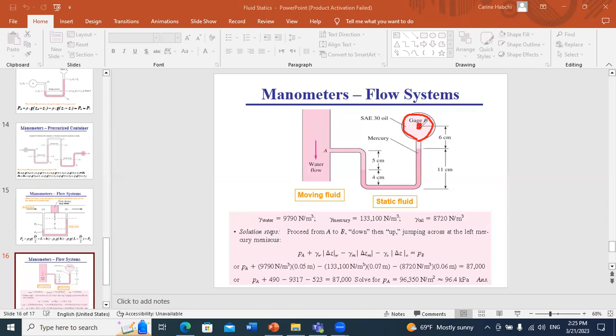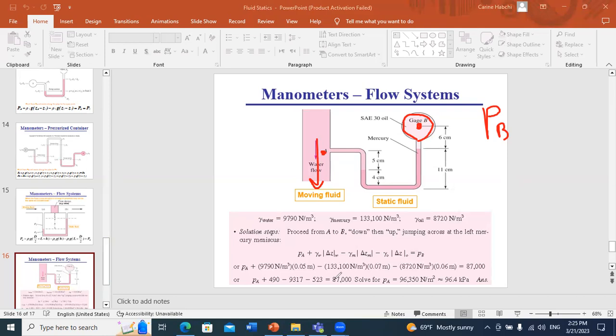This is why we say that we know PB, and it's given, because you are able to control the pressure here of oil. The oil is not moving here. You can consider that you have oil at rest here, and what is moving is only water. And you are interested in measuring the static pressure of the moving water.